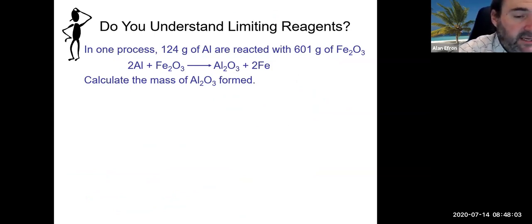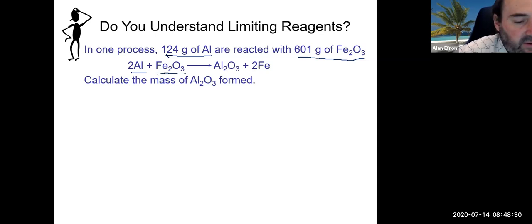In one process, 124 grams of aluminum is reacted with 601 grams of iron 3 oxide. We want to know how much aluminum oxide is produced. The first thing when you see this problem is you should know it's a limiting reagent problem, because I have grams of aluminum, which is a reactant. I also have grams of my iron 3 oxide, which is also a reactant.